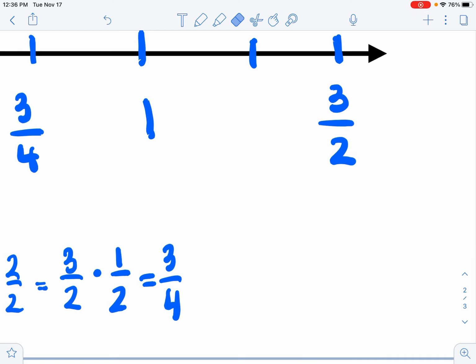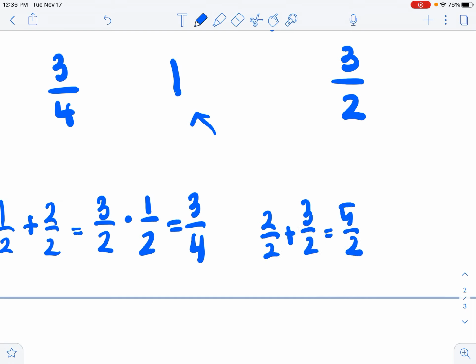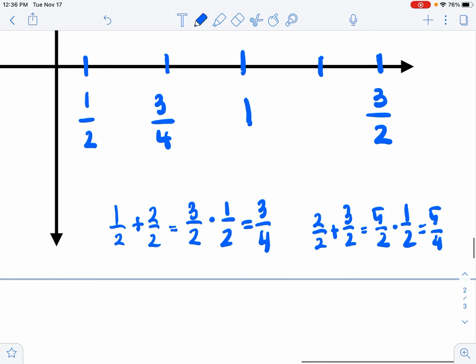Same thing here. If you don't know what's directly in between 1 and 1.5, which is 1 1/4, which is 5/4, there's a bunch of ways to get this. Same thing, you can say this is 2/2, so you can do 2/2 plus 3/2, which is 5/2. And then divide that by 2, which is the same thing as multiplying by half, which is 5/4.